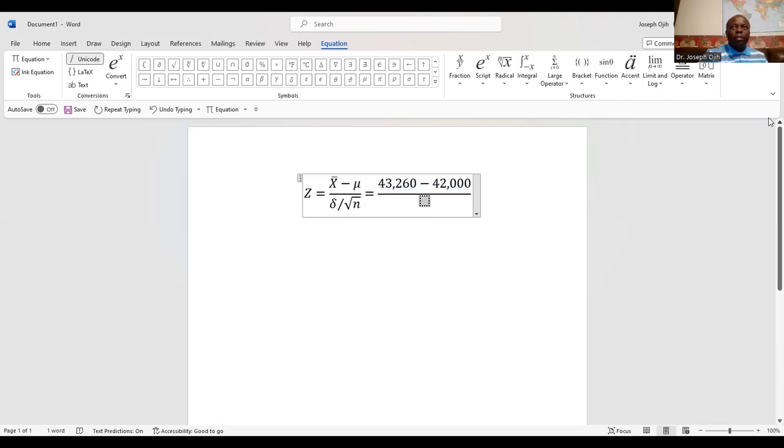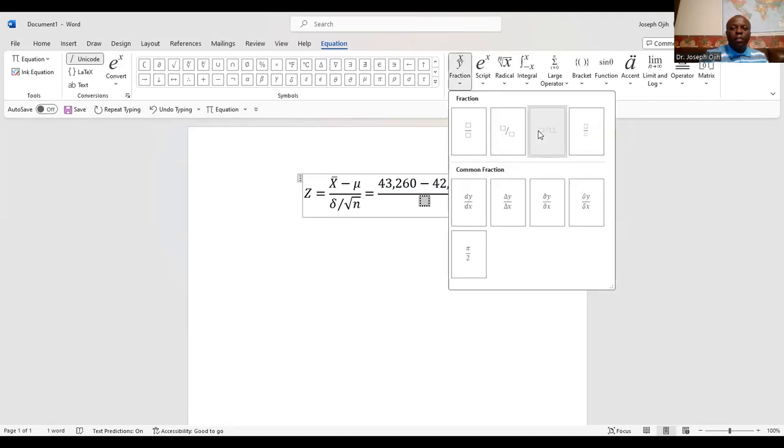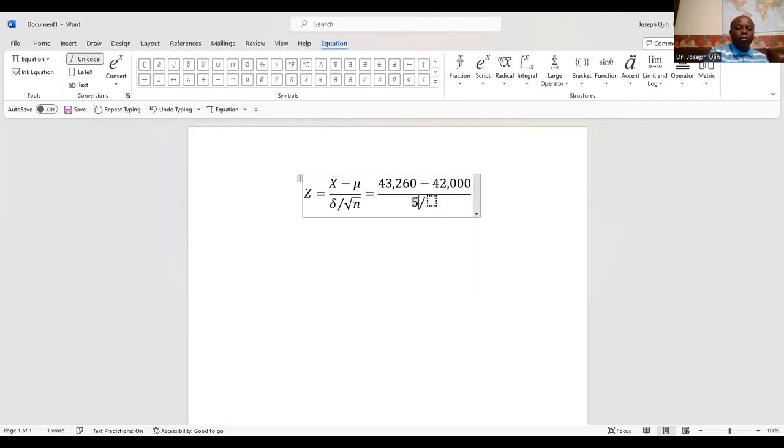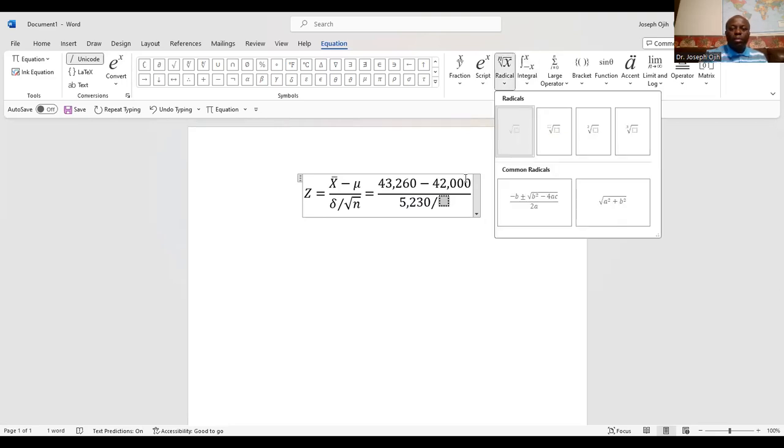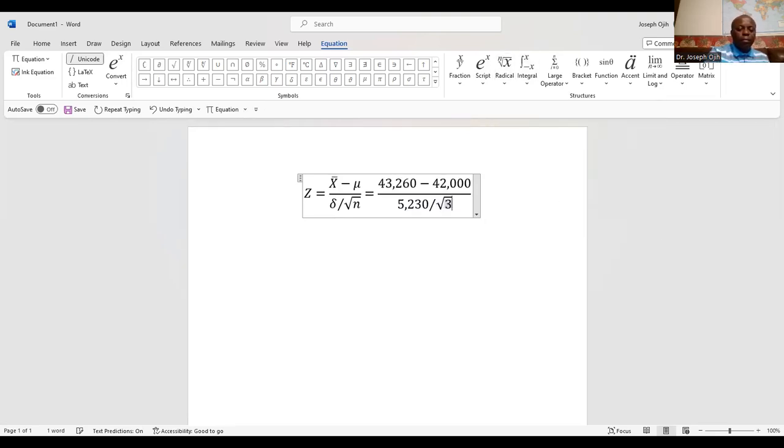The standard deviation we have is 5,230, over the square root of n, and our n is the sample size, which is 30. So I'm going to write this down, and then we look for it in the calculator.